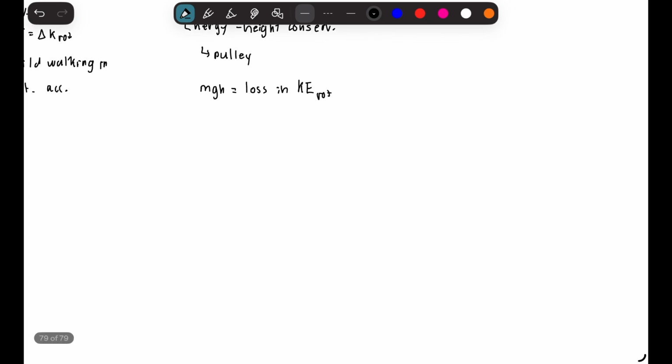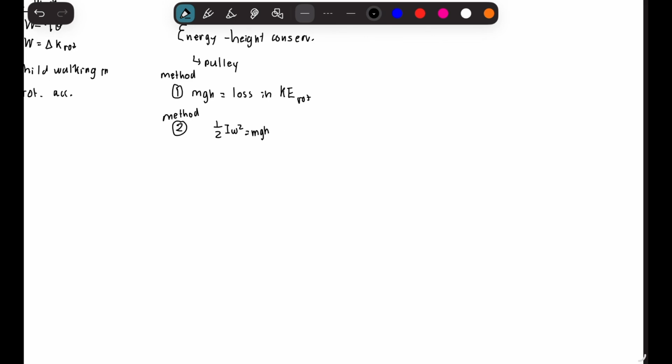In addition, there's a second method you can use, which is 1/2 I omega squared is equal to mgh.